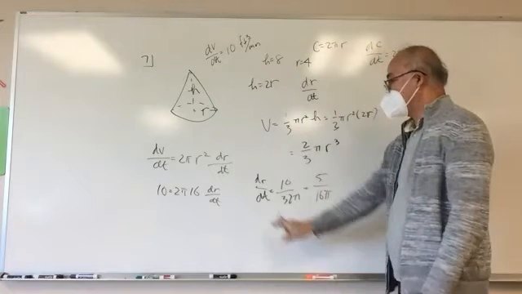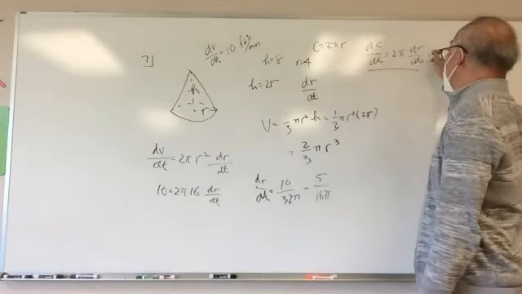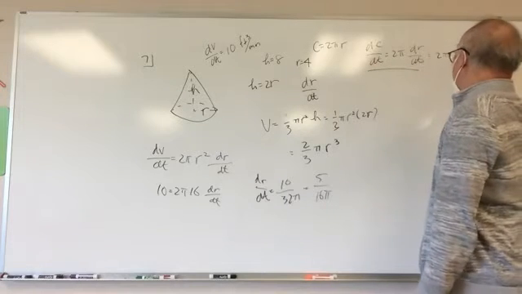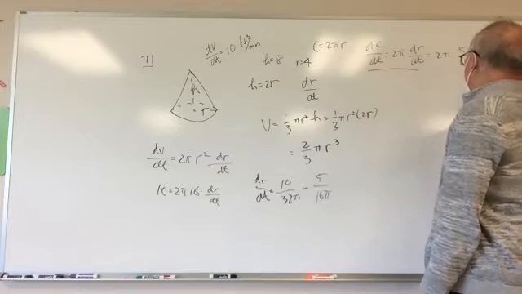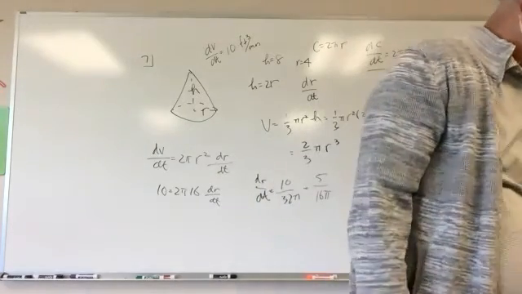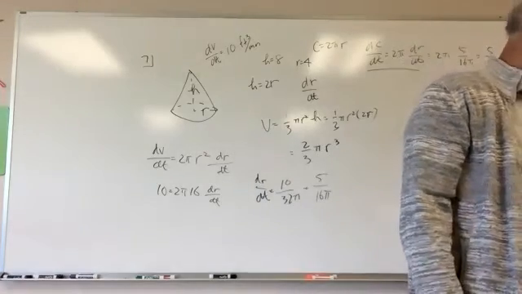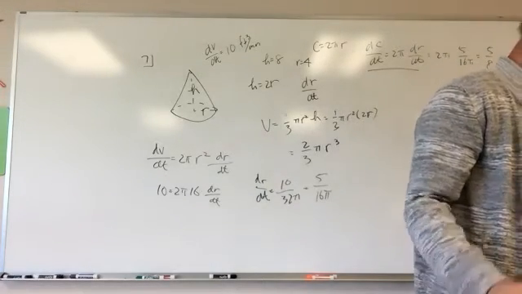That was dr/dt. Now I put this into here: 2 pi times 5 over 16 pi. Letter C. That made it just so easy.